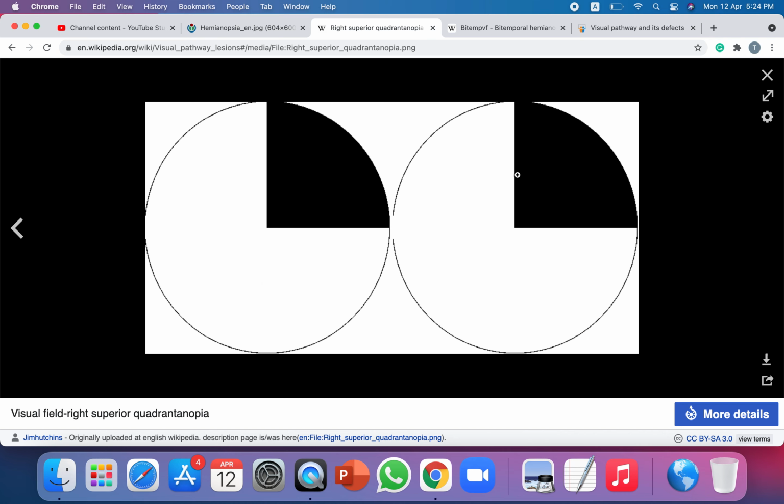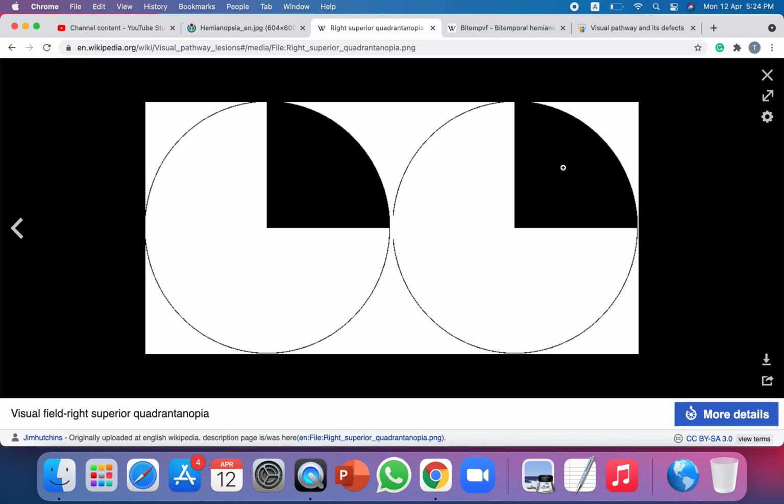So this is the right superior quadrantanopia. You can see the right sided temporal field is lost. That means, which side is the lesion here? This is definitely temporal radiation lost because it is superior quadrantanopia, and this is of course homonymous hemianopia. So here the right eye temporal field is lost.